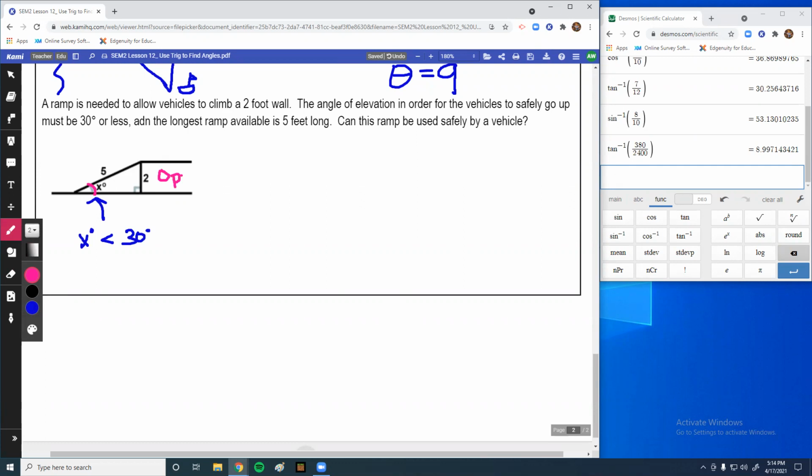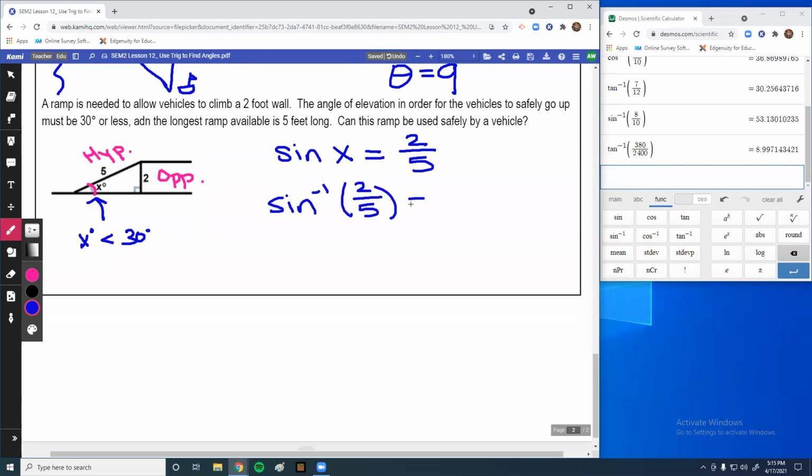We have opposite, we have hypotenuse. So opposite hypotenuse is sine. So sine of X is equal to 2 over 5. Sine inverse of 2 over 5 is equal to X. So now to our calculator, inverse sine of 2 over 5, and it is 24 degrees.